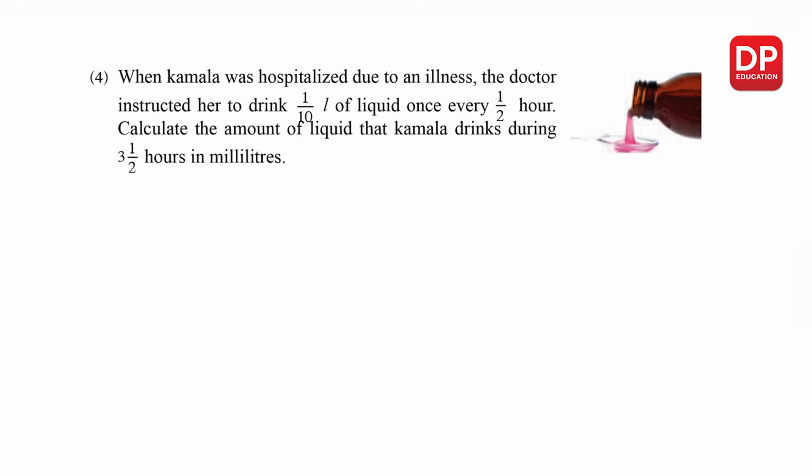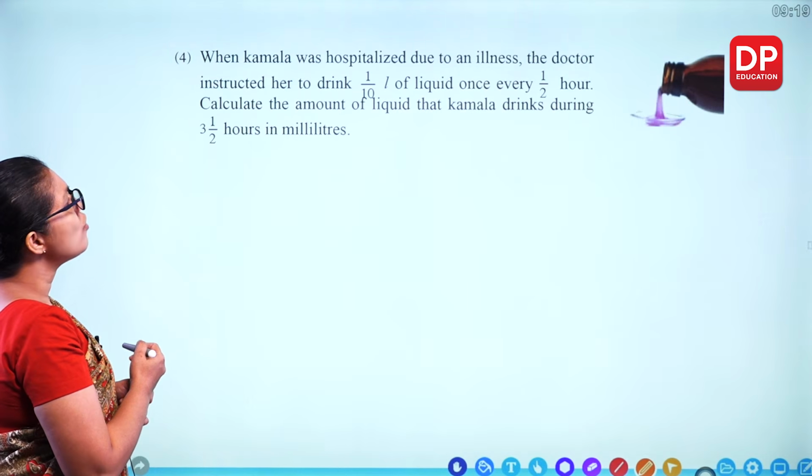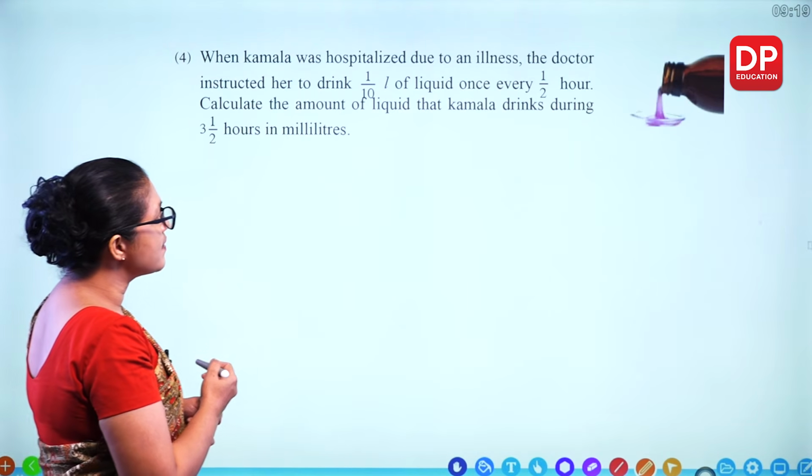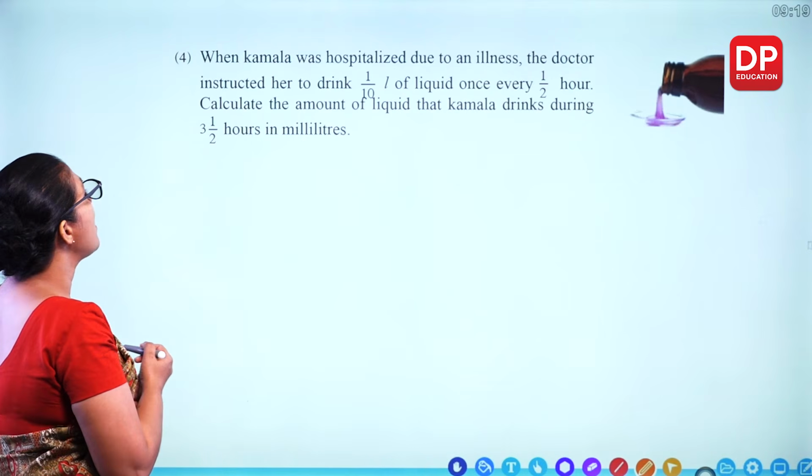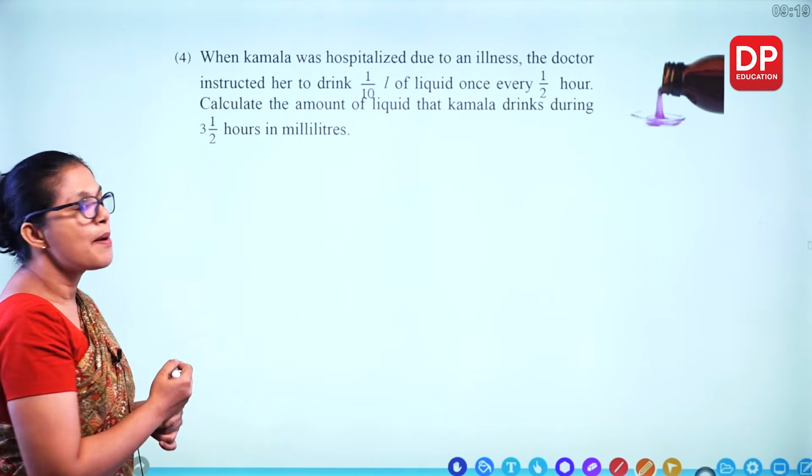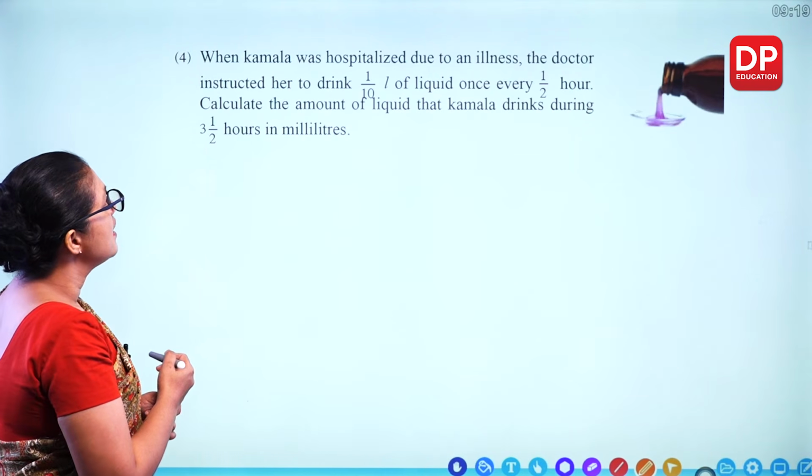Question number 4. When Kamala was hospitalized due to an illness, the doctor instructed her to drink 1/10 liters of liquid once every half an hour. Calculate the amount of liquid that Kamala drinks during 3.5 hours in milliliters.